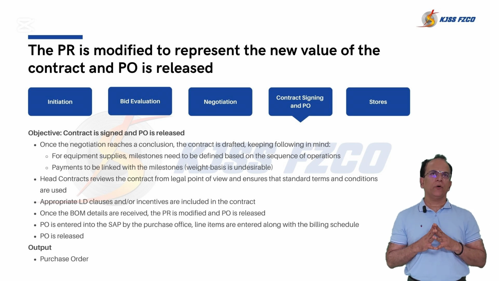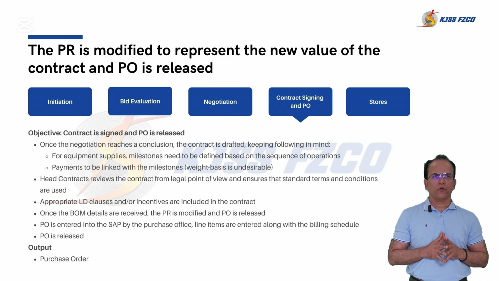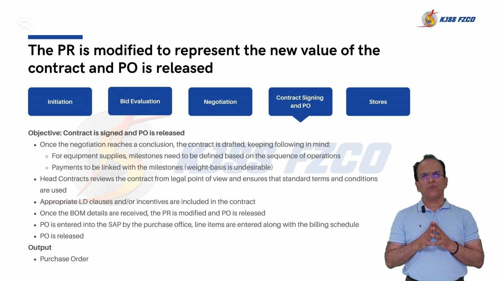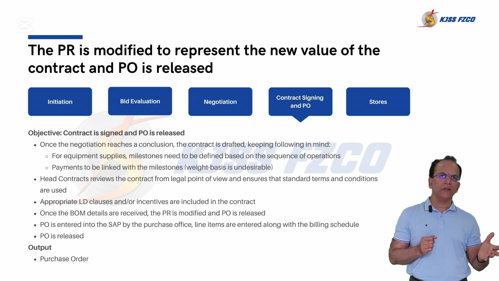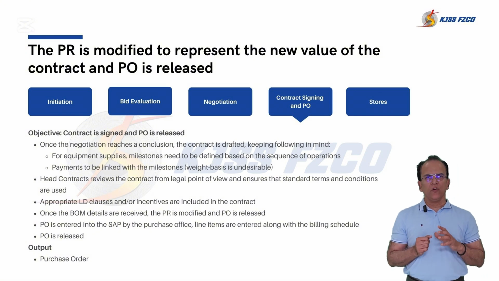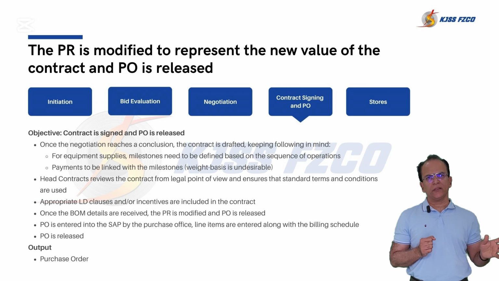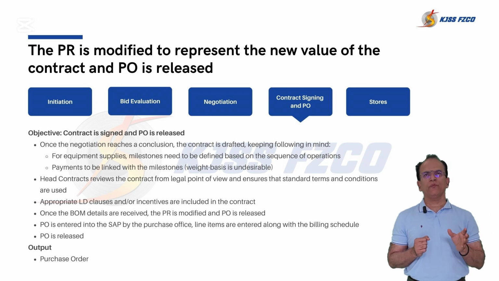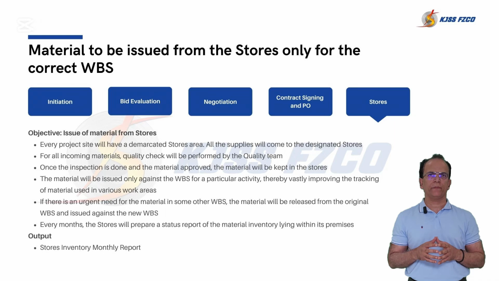Cross-function team may also decide, after understanding the breakup of cost, what should they buy from the technology supplier and what should they have from other vendors, domestic or import. Once that understanding is clear, then the cross-function team will move for the final negotiation.